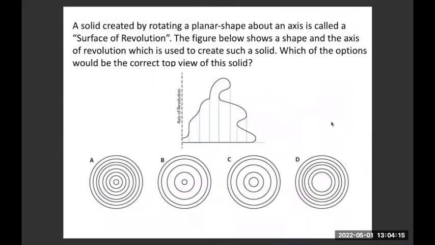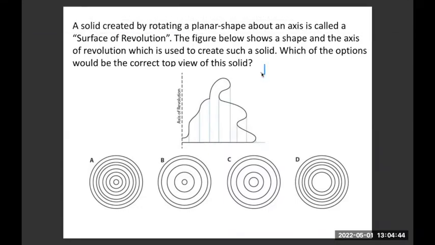Now this one. Here, this is some weird form. And this weird form gets rotated along this axis of rotation, which you are seeing in dotted. When this object is rotated along this axis, you'll get some surface, some object which looks like this when you look at it from the top.